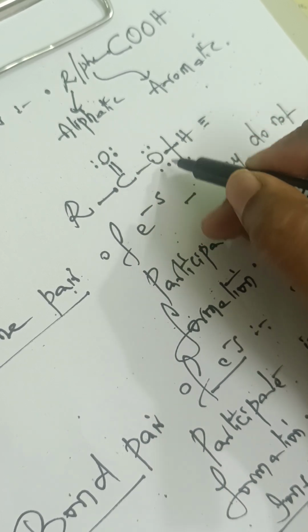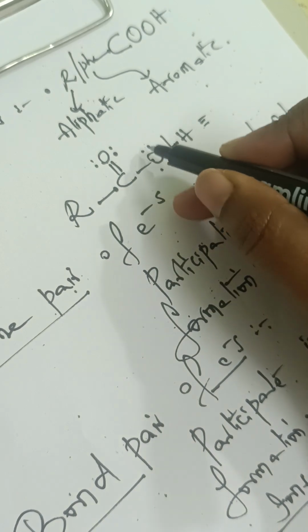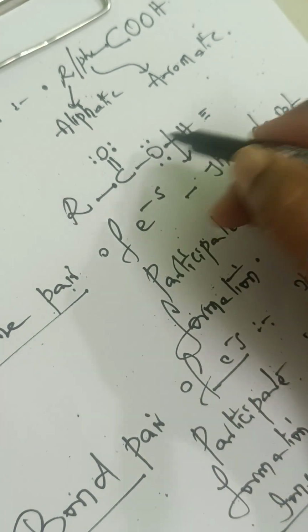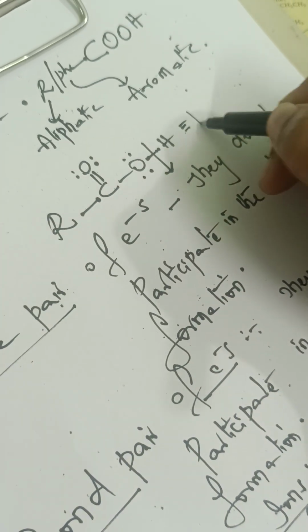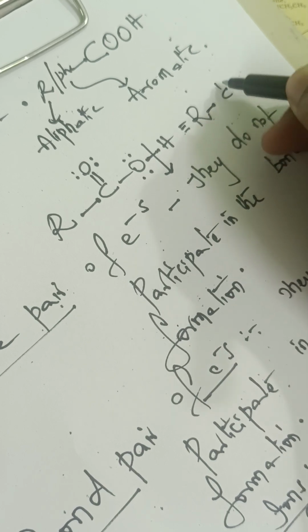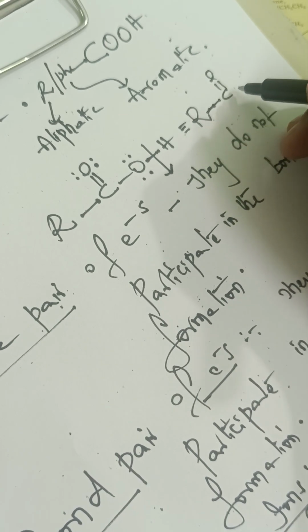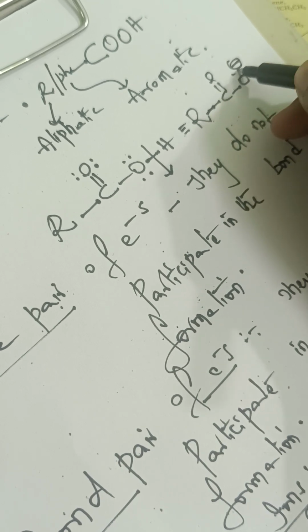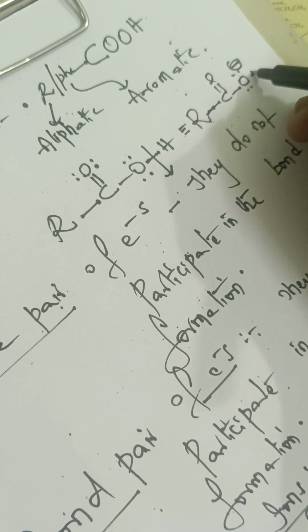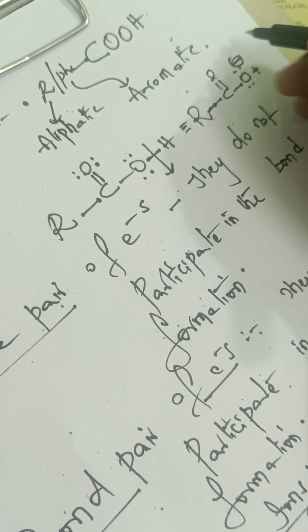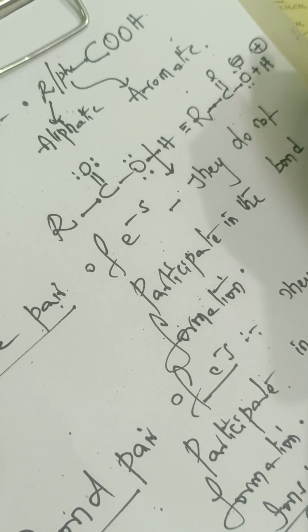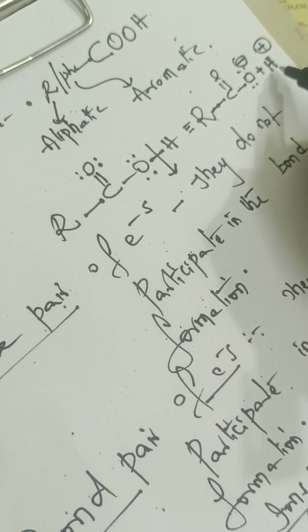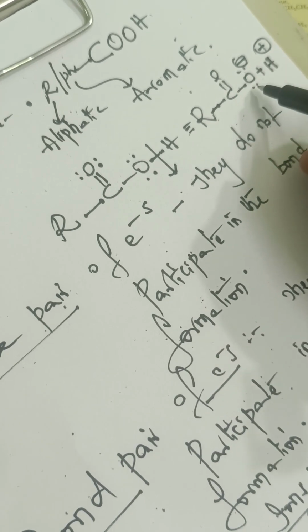So oxygen, being more electronegative, will withdraw both the electrons towards itself and acquire a negative charge. The charge acquired on hydrogen is positive. Hydrogen is the electropositive element, oxygen is the electronegative element.